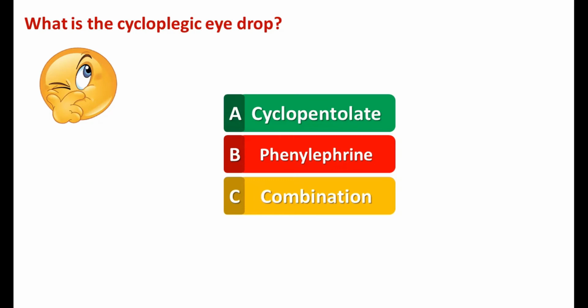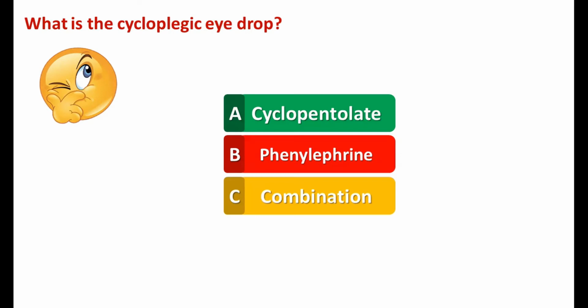So why am I saying this? Because if we choose C, you are using two mechanisms, parasympatholytic and sympathomimetic. For cycloplegia, actually, we use only parasympatholytic, because the sympathetic pathway has nothing to do with the ciliary muscle, right?